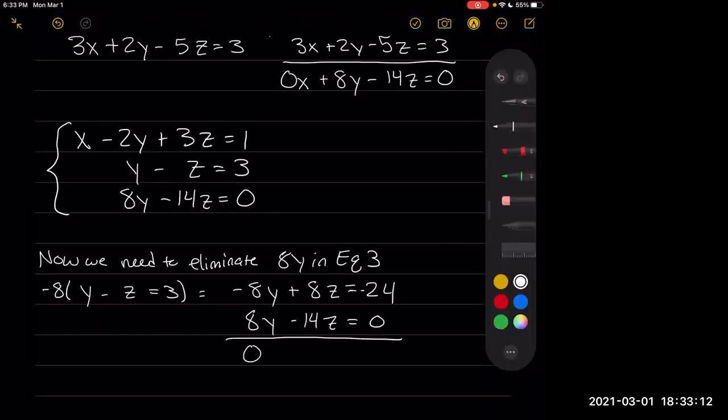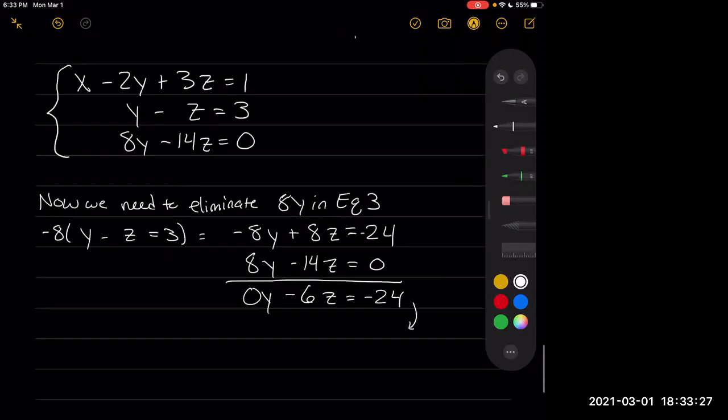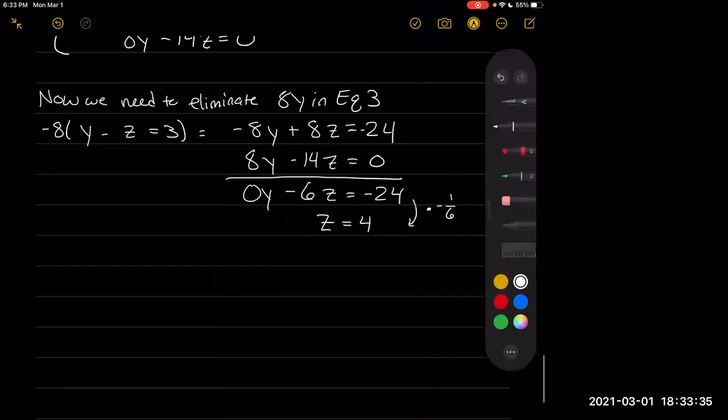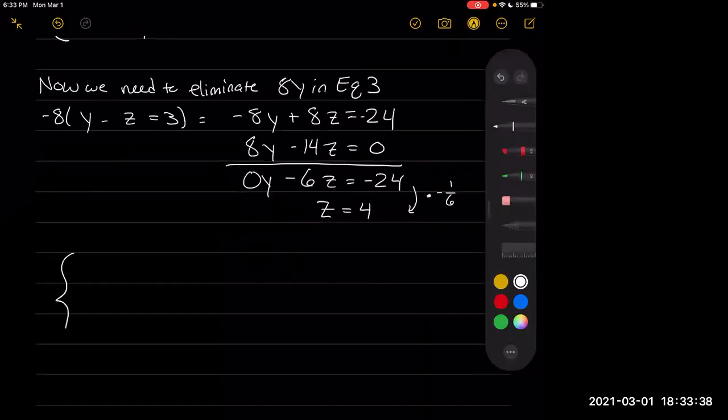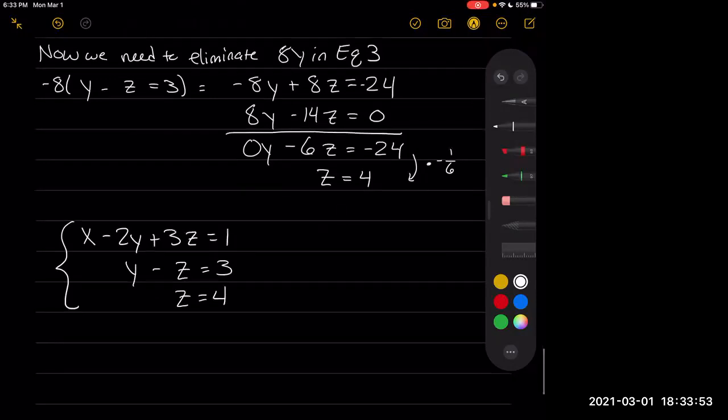That should give us a negative 6z equals negative 24. Okay, and then here, if we multiply by negative 1/6, that will give us z equals 4. So now we can write our triangular system, which is x minus 2y plus 3z equals 1, y minus z equals 3, and z equals 4. So this is now our upper triangular system.